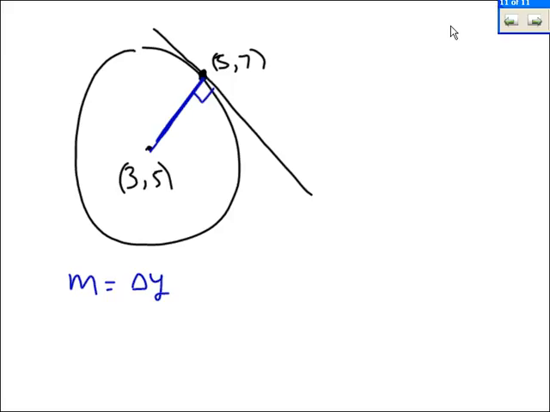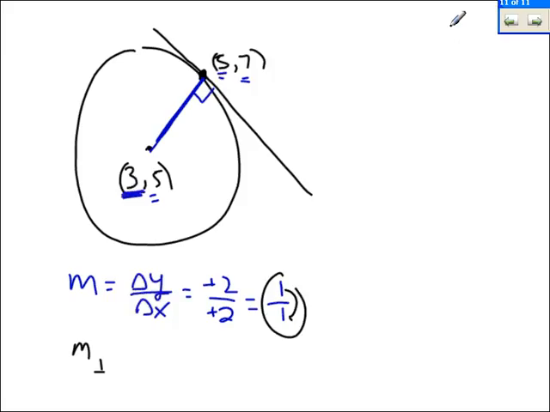Remember, it's a change in y with a change in x. Y goes from 5 to 7. It went up 2. X goes from 3 to 5. It went up 2. The slope is 1 over 1. Now, the slope of the perpendicular line, you switch this.